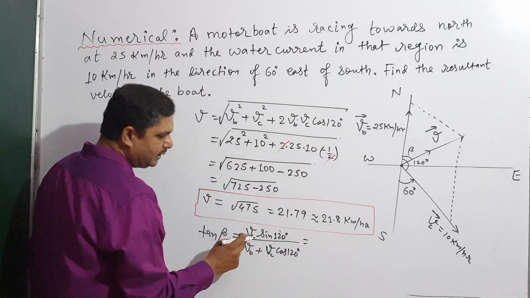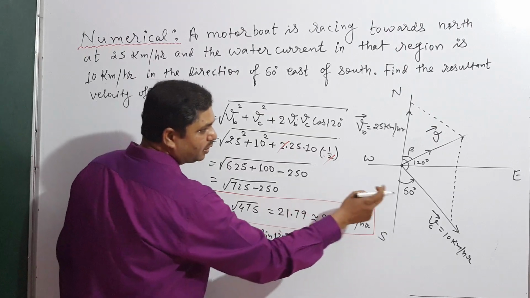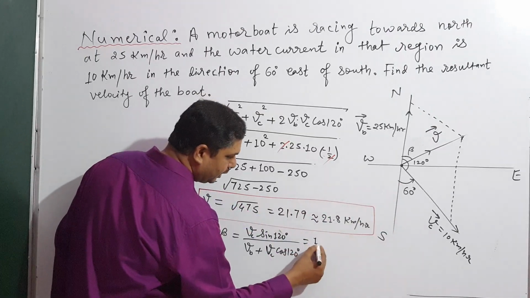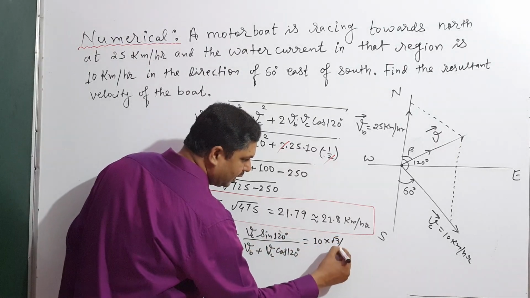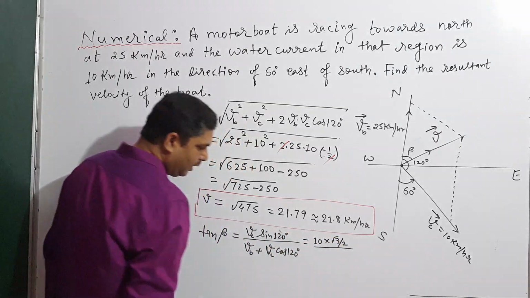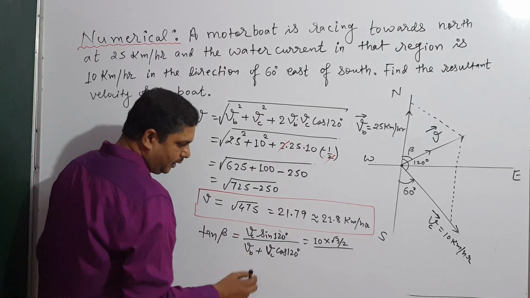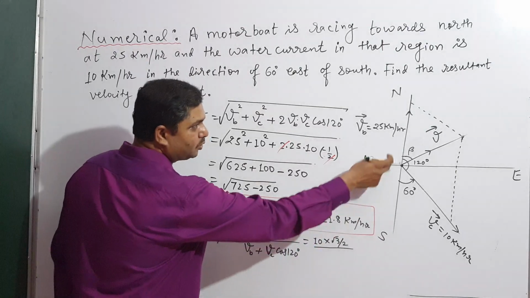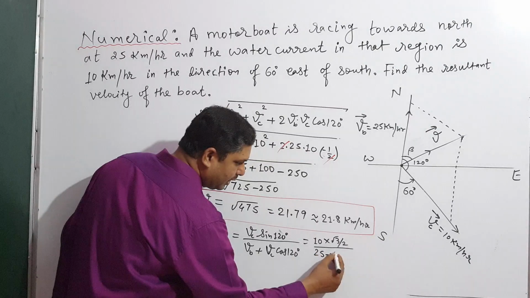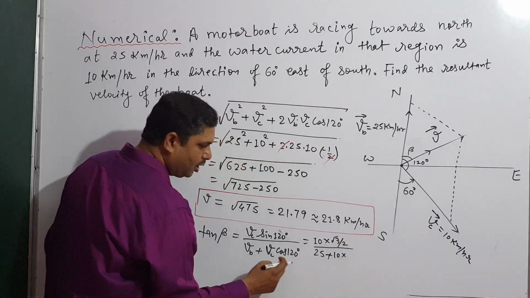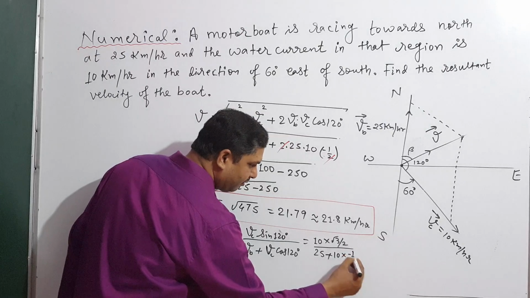Now what is VC? VC is equal to 10. Put here. Sin 120 is root 3 upon 2. And VB is equal to 25, and VC is again 10, and cos 120 is minus half.